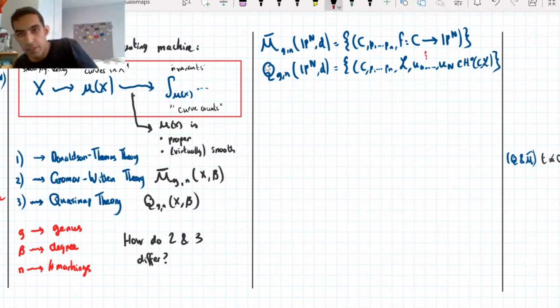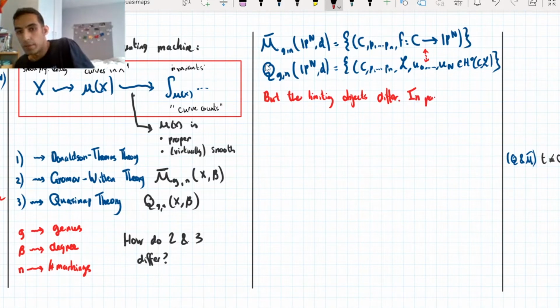And we just said these are like the same thing, right? So how are these different? The point is that the limiting objects can be different. So the limiting objects differ.